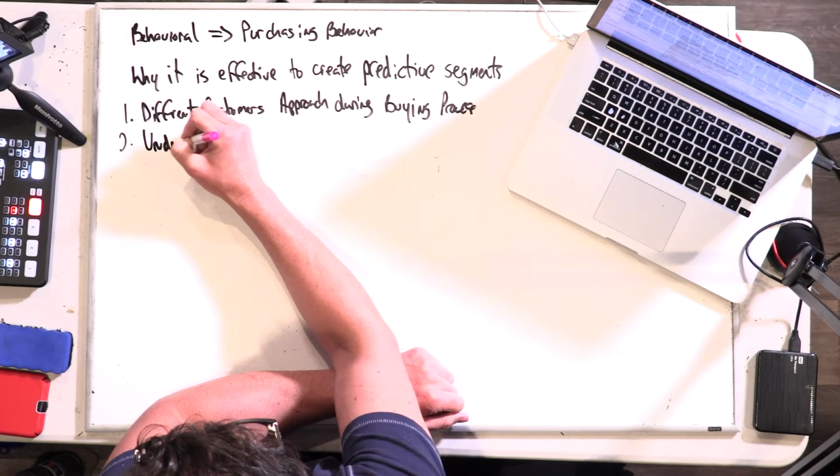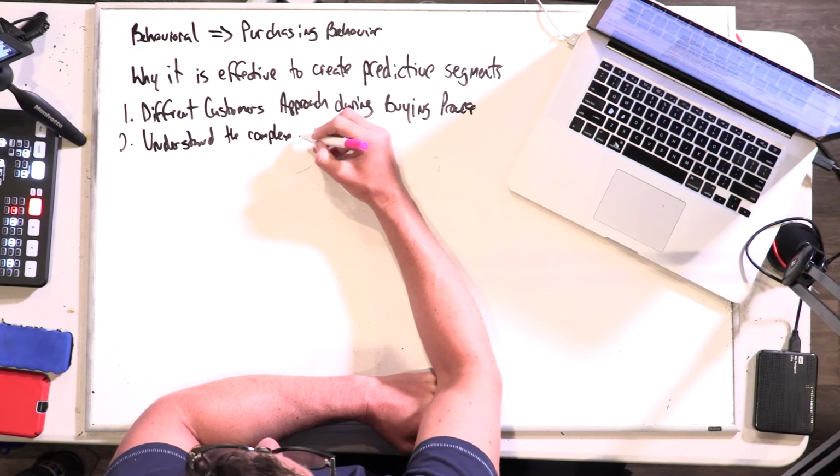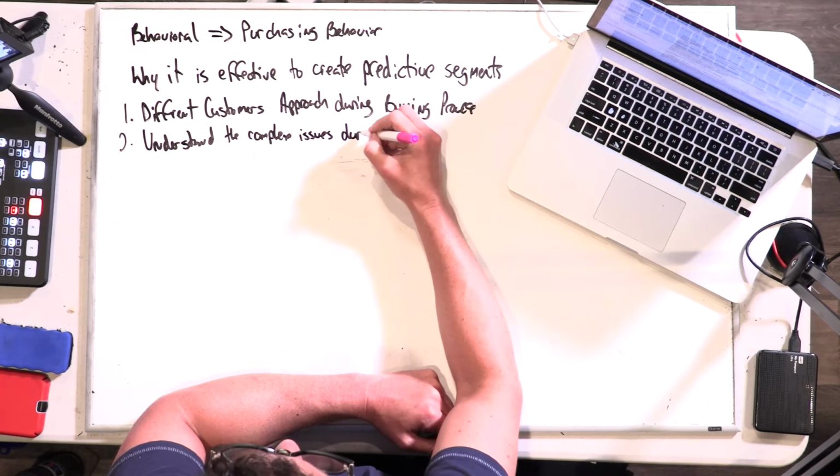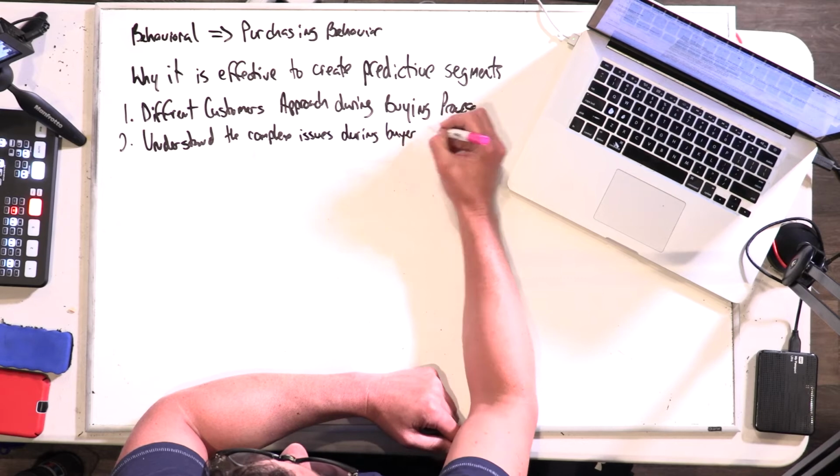Number two, what should be an easy sale, it takes you through the process of what are the complexities. Why is it difficult for a user to make a decision to purchase your product? You understand the complex issues during the buyer journey.